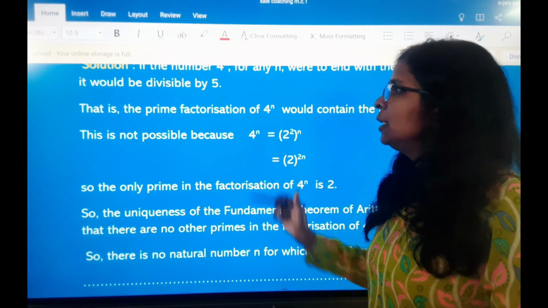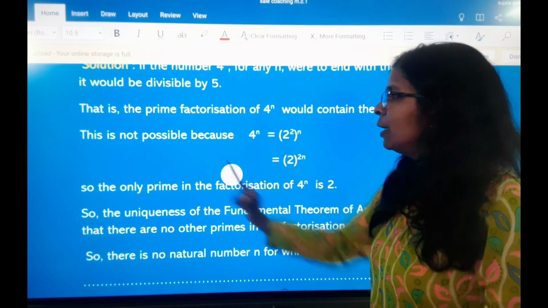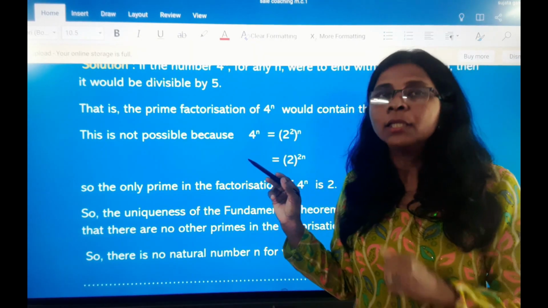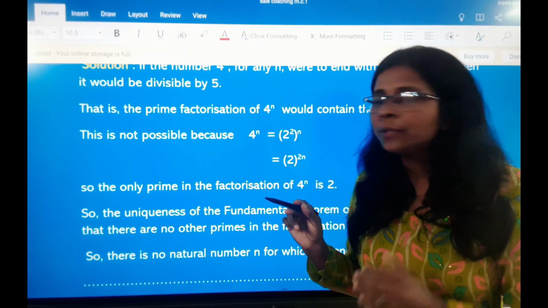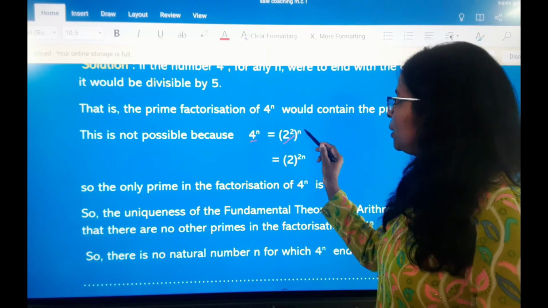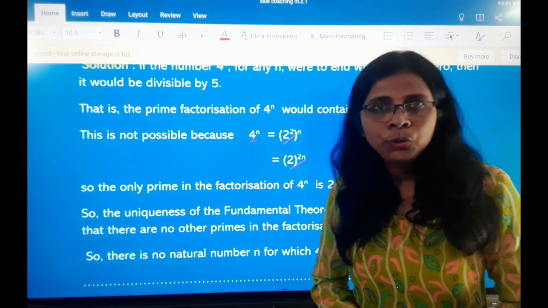Now let us see that this is not possible. Why? Because if you factorize 4 raised to n, what is 4? That is 2 squared, raised to n. Then we write 2 raised to 2n.